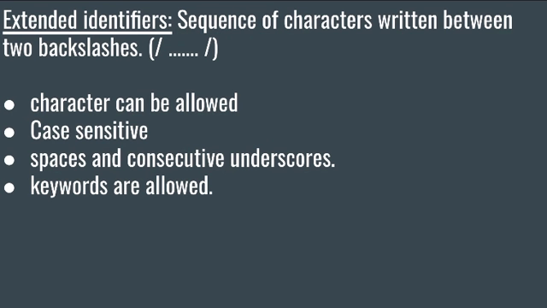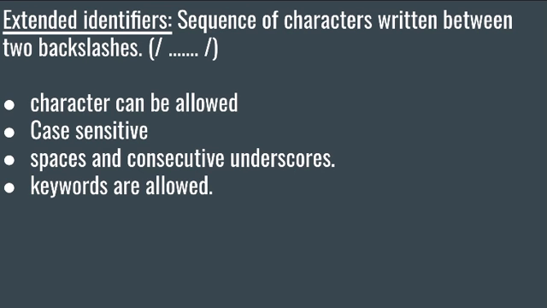Next, we have extended identifiers. An extended identifier is a sequence of characters written between two backslashes. What we write between the two backslashes is identified as an extended identifier.